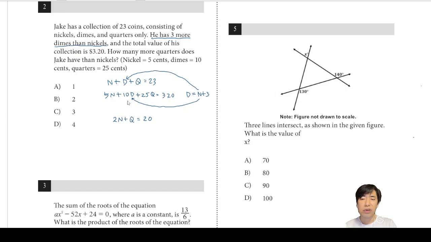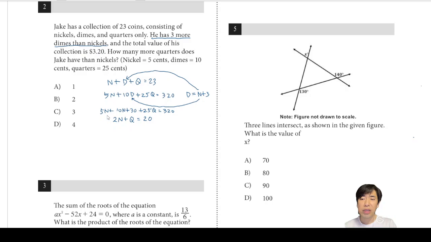And then if you plug in N plus 3 here, you end up with 5N plus, just multiply 10 to this one, that's 10N plus 30 plus 25Q is equal to 320.